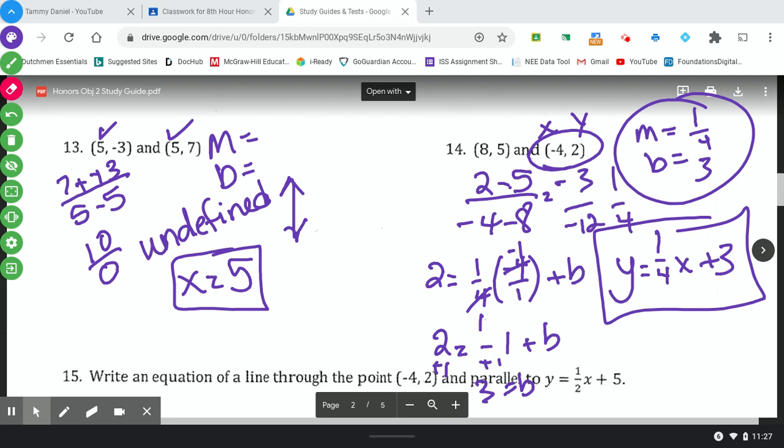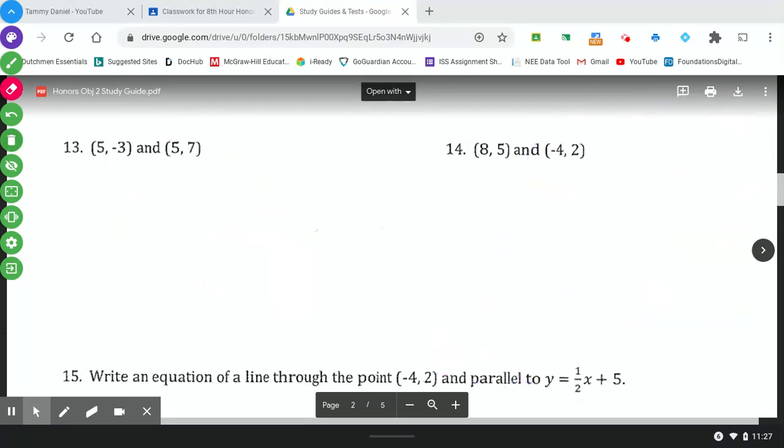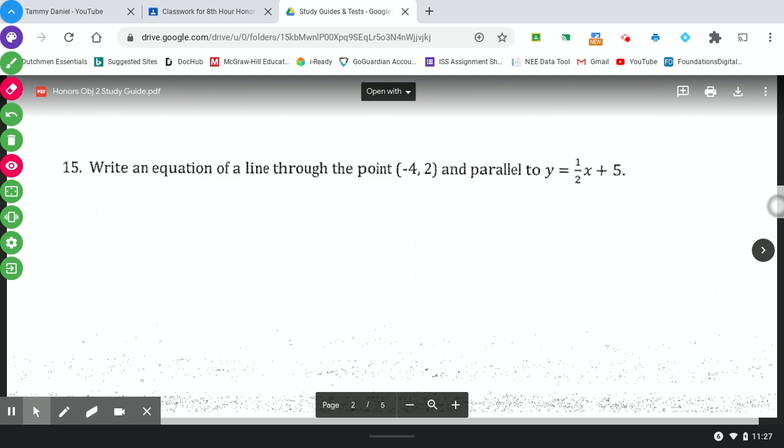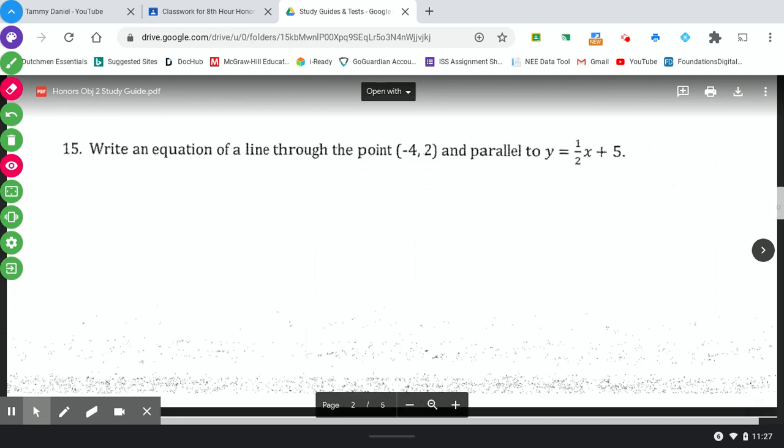Okay? All right, so that takes care of those. Now they are moving into parallel and perpendicular. So they want you to write the equation of a line that goes through this point and is parallel to this. Now, the only thing that you're going to need from this is the slope.